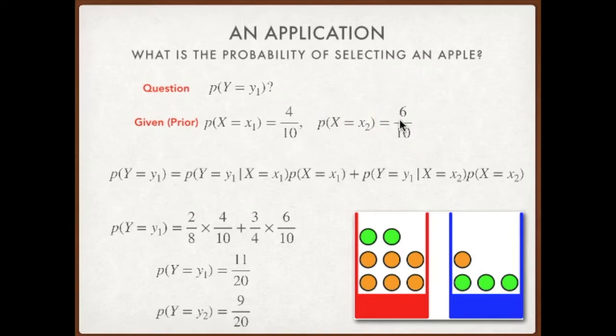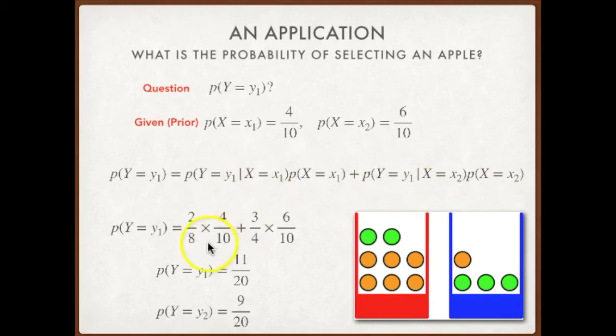Now we can select an apple in two ways, by selecting a red box and then picking an apple from the red box, or we can select the blue box and pick an apple from the blue box. So using product and sum rule of probability, we can write p of y equals y1 equals p of y equals y1 given x equals x1, meaning we have selected an apple from the red box, and then we multiply this quantity by the probability of selecting the red box, which is p of x equals x1, and we add this term with the probability of selecting an apple from the blue box.